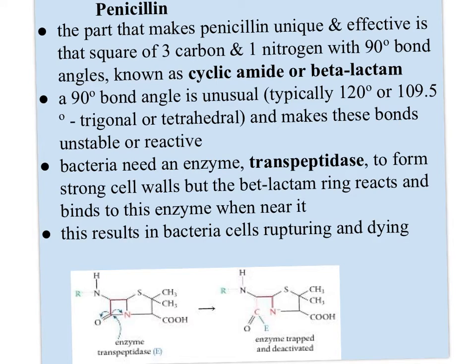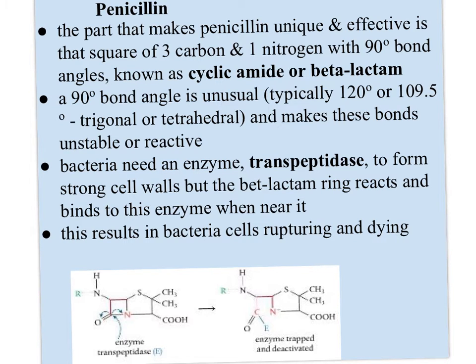Bacteria need an enzyme, transpeptidase, to form strong cell walls, but the beta-lactam ring reacts and binds this enzyme when it's near it, and this means that the bacteria can't make a strong cell wall, and the cells end up rupturing and dying.